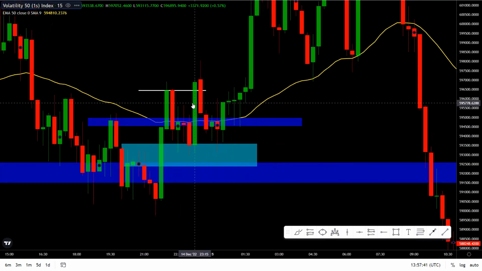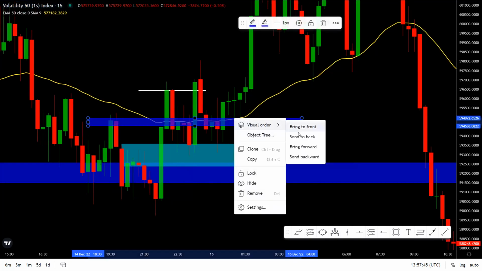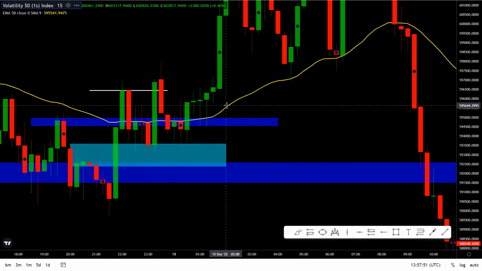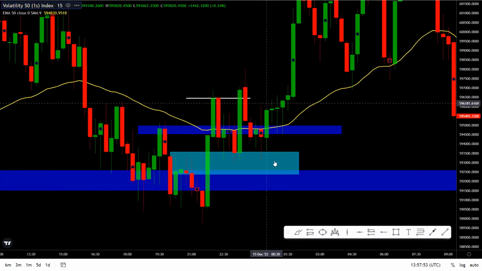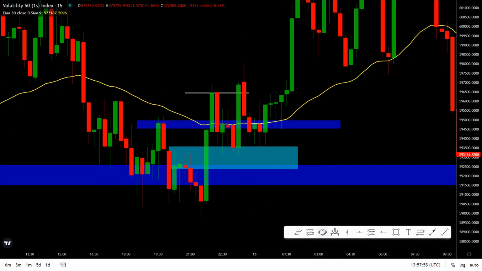So I had many confirmations to go long from this level. Clearly, more like a double bottom. A 15 minutes double bottom.